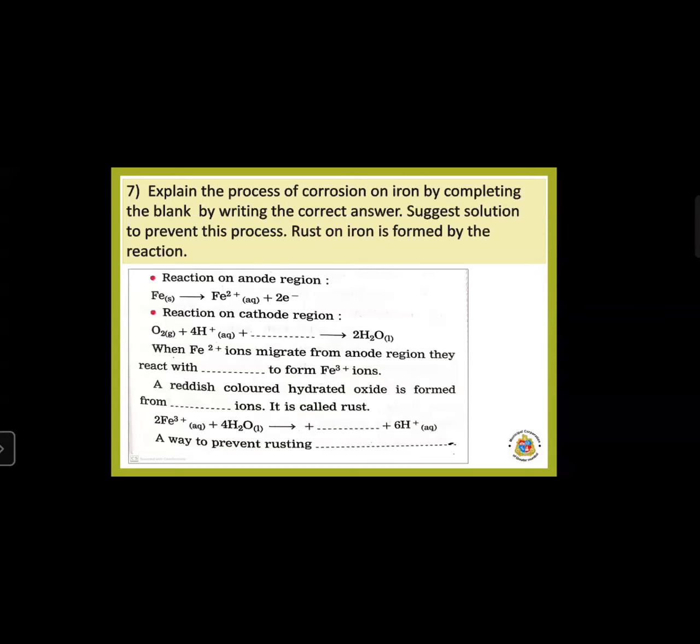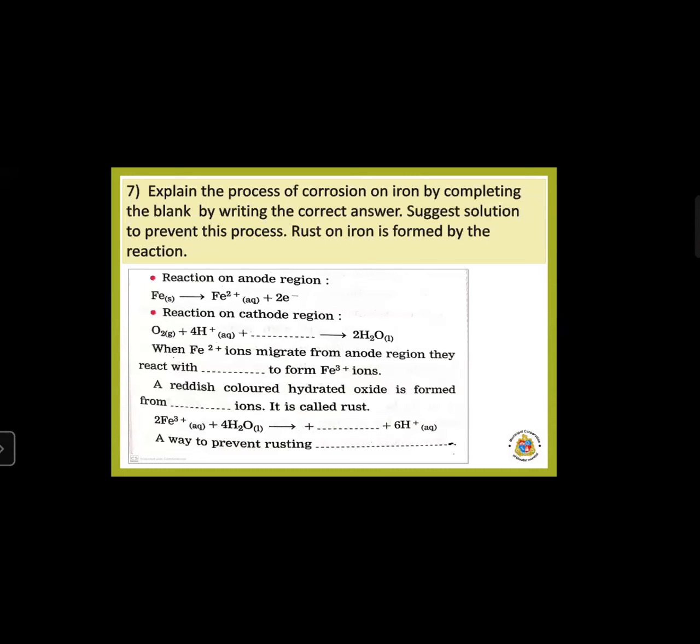So there is a reaction in the anode region and a reaction in the cathode region. Fe, in solid form, donates its electrons, creating Fe2+ plus 2 electrons. Now the reaction on the cathode region is oxygen plus 4H+ gives what? Fill up this blank.